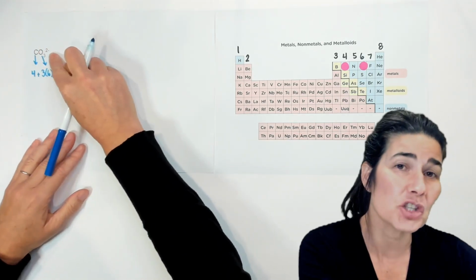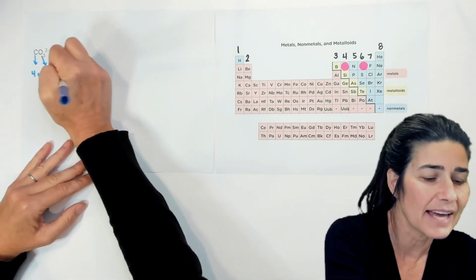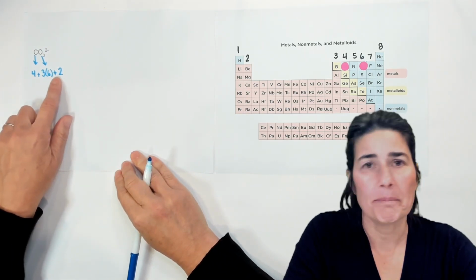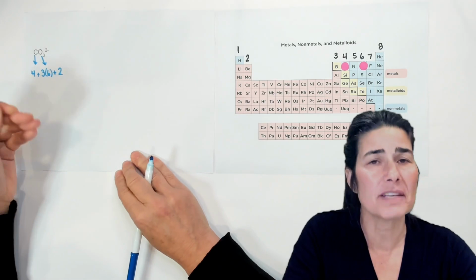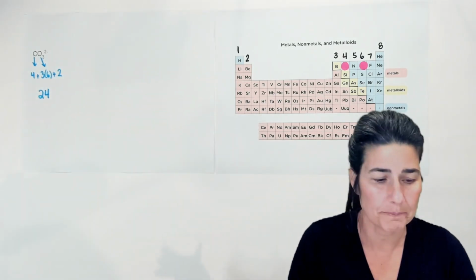And we have 2 extra electrons to play with in our picture because we have a -2 charge. So I'm going to add 2 more to this. 18 and 2 make 20 plus 4. We have a total of 24 electrons we get to play with in our picture.